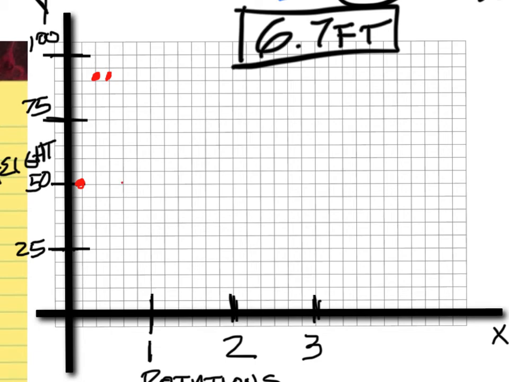So the next one over is going to go there. And another 1/6 of a rotation. 6.7, so that's approximately there. And another 1/6 of a rotation. 6.7. Okay, so we go there. So that takes us around.